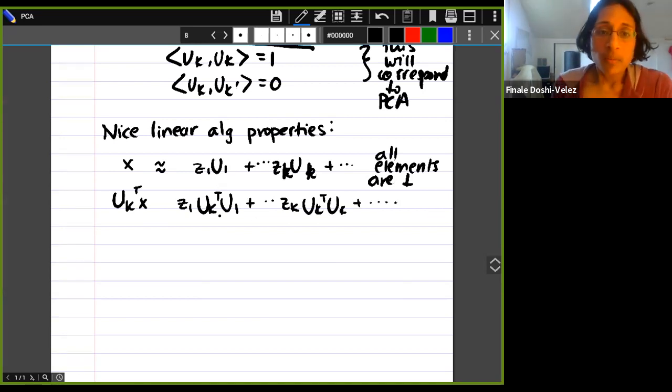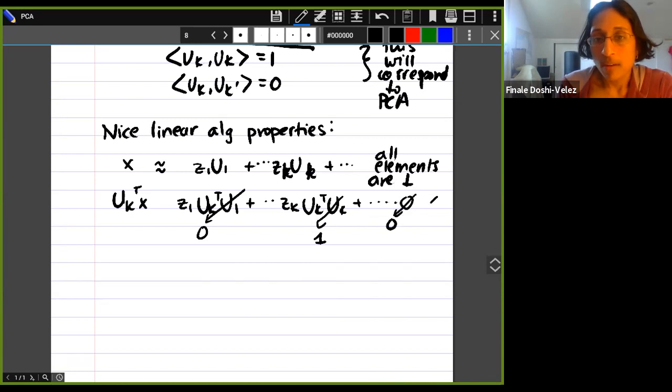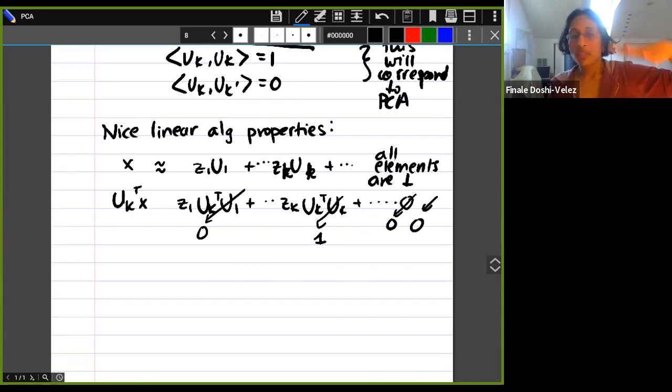Whenever I multiply two vectors together that are not the same, so some arbitrary Uk times U1, this is just going to be 0. When I take the inner product of Uk with itself, this is going to be 1. And all the other elements are orthogonal. So all the other inner products come out to 0, and that includes any elements that I've chosen not to include.